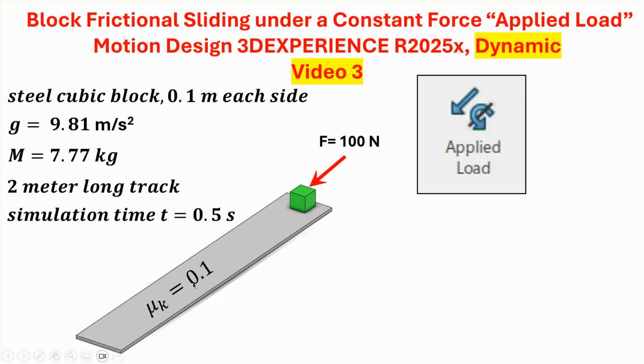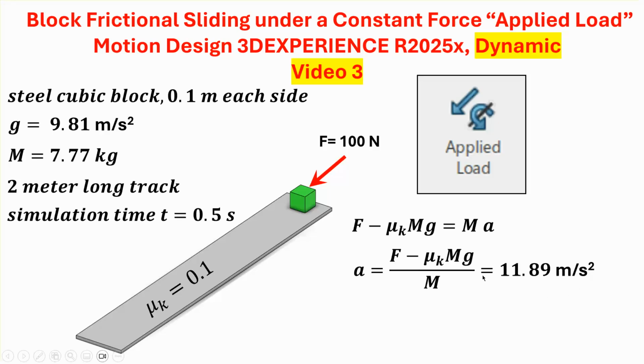There is a coefficient of friction, 0.1 Coulomb friction between the two surfaces, and gravity, of course, is going to be acting downward, 9.81. And based on very simple first year dynamics calculation, sum of all the forces equal to mass times acceleration. If you write the applied force, and coefficient of kinematic friction times the weight of the block, this is going to be mass times acceleration.